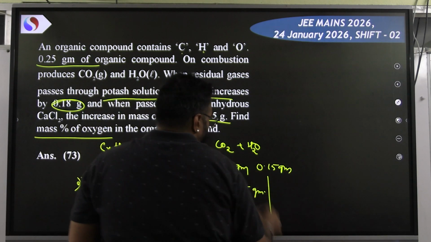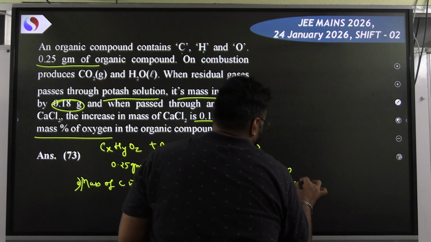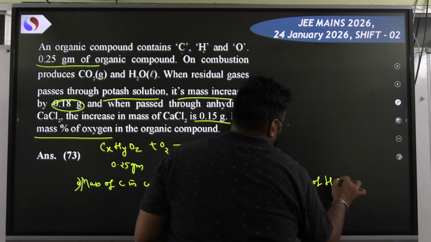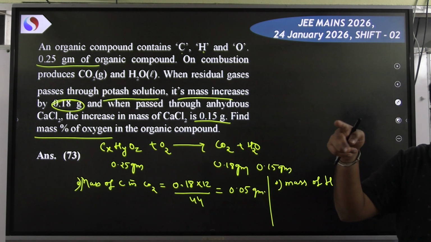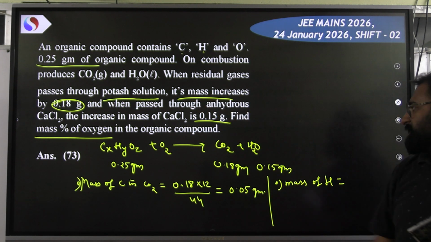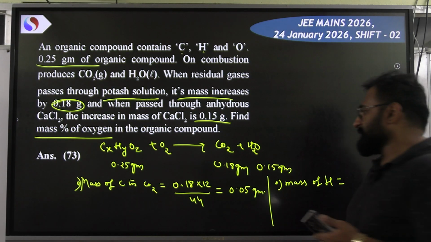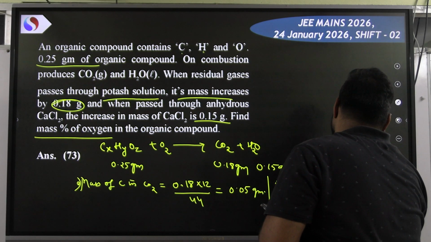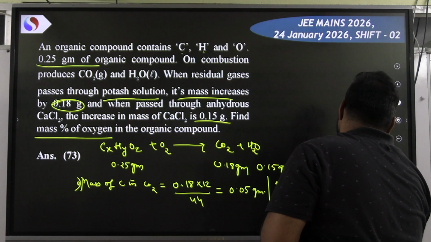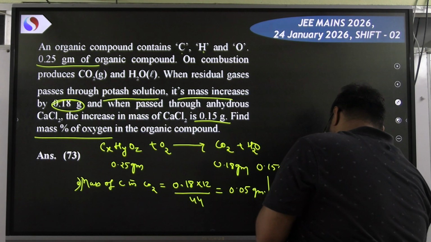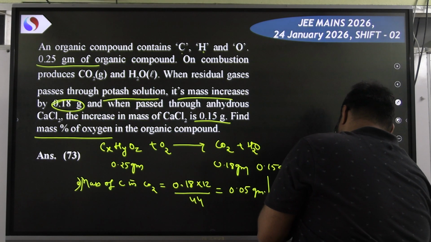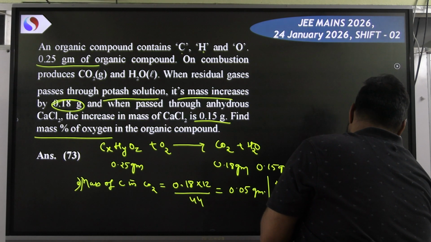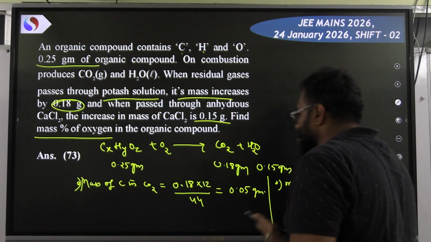Similarly, if we calculate mass of hydrogen, same logic: 18 gram water has 2 gram hydrogen, so 0.15 gram water has how many? So 0.15 divided by 18 into 2. On calculation of this, it will be 0.017 grams. This is mass of hydrogen.